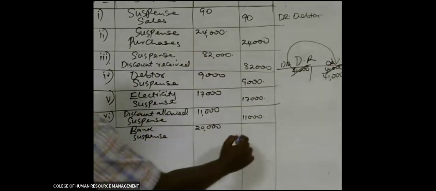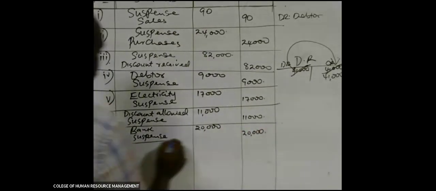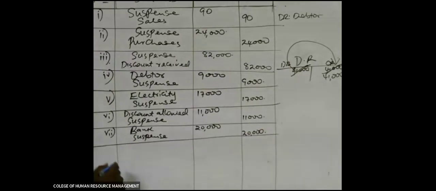So we debit bank and credit our suspense by the 20,000. Bank, if it is understated, being an asset, means the debit is missing 20,000. We put it on the debit, then suspense account completes that.